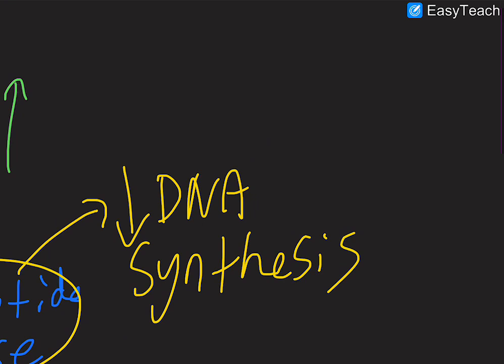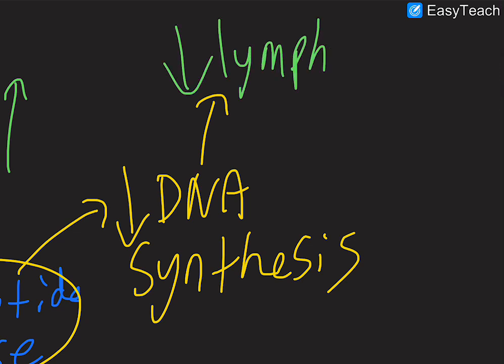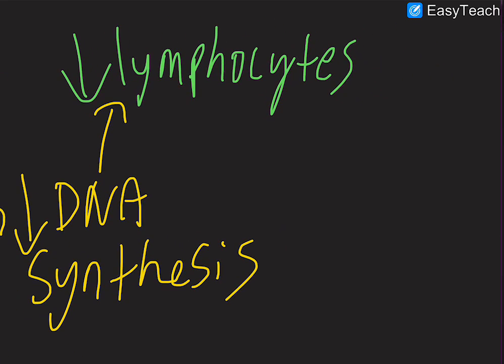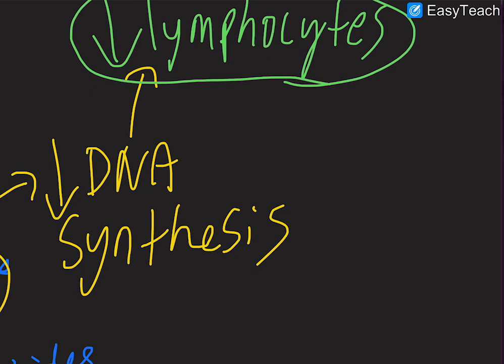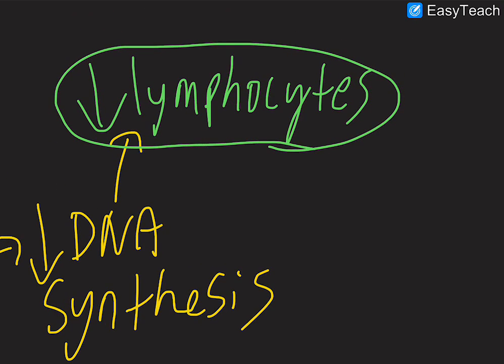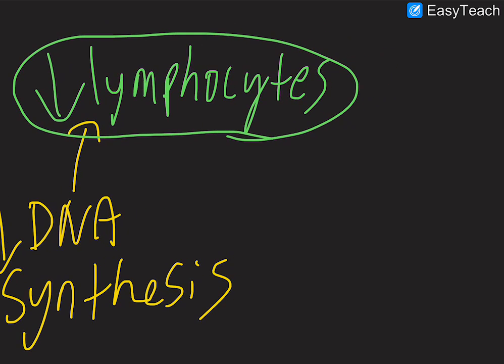So decreased DNA synthesis in itself is going to be bad for lymphocytes. Decreased DNA synthesis means you can't really have many lymphocytes, because you need proper DNA synthesis in order to have your cells proliferate properly. So if you don't have proper DNA synthesis, your cells won't proliferate.